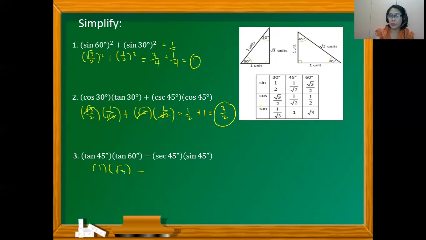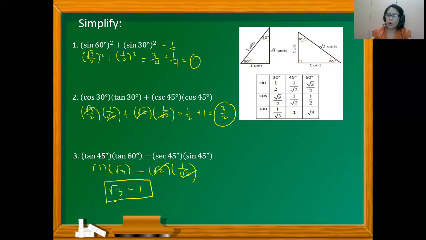We will refer to cosine 45, and that's 1 over square root of 2. So its reciprocal is square root of 2, and that's the value of secant 45, times sine 45, so 1 all over square root of 2. Simplifying the expression, we have square root of 3 minus 1. We cannot combine the two expressions since they are dissimilar, so we separate them by a minus sign.